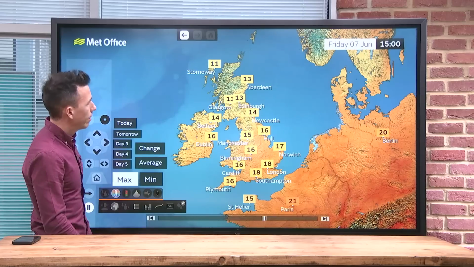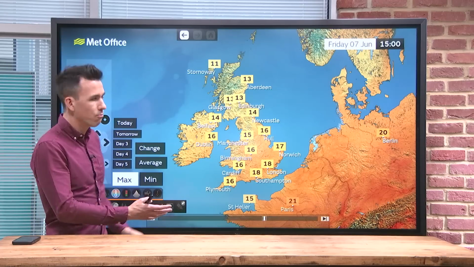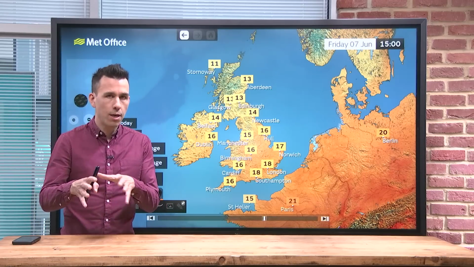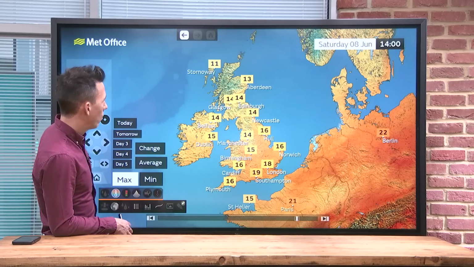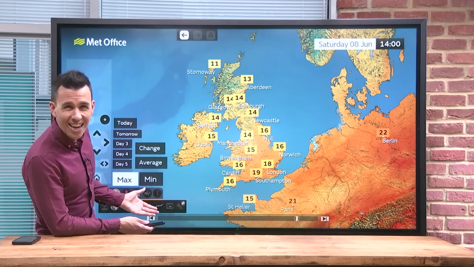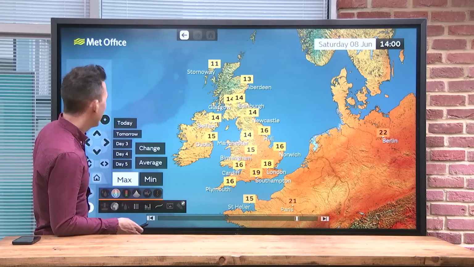And by Friday, similar sorts of values, so low teens up to high teens perhaps. And Saturday, once again, we're talking about perhaps a slight recovery in temperatures, but very little difference.